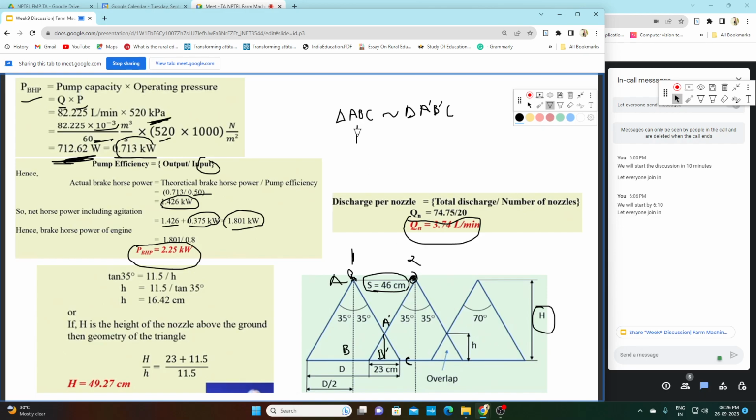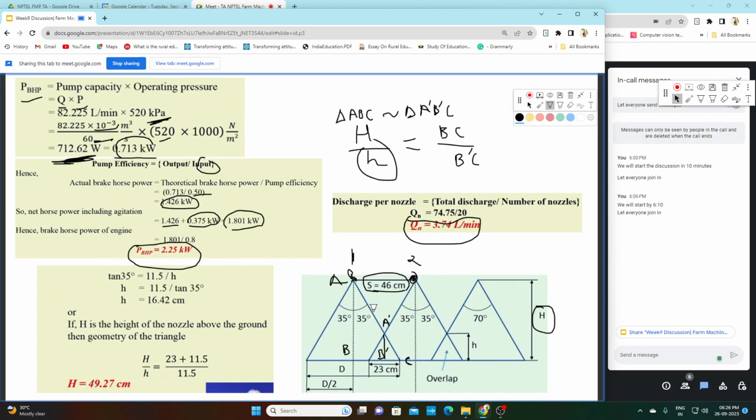So capital H divided by small h will be equal to BC divided by B dash C. Now the question is, what is small h and what is BC? We already know BC: this is 46 centimeters.